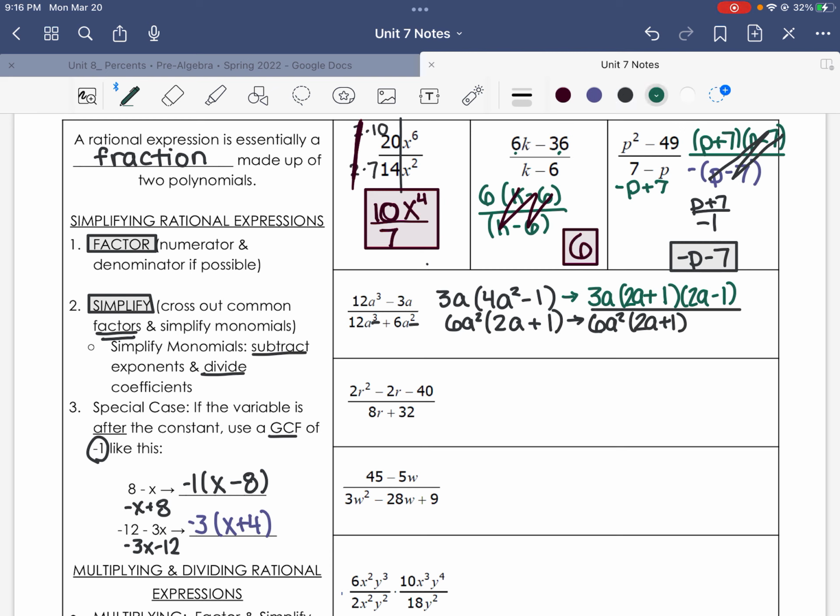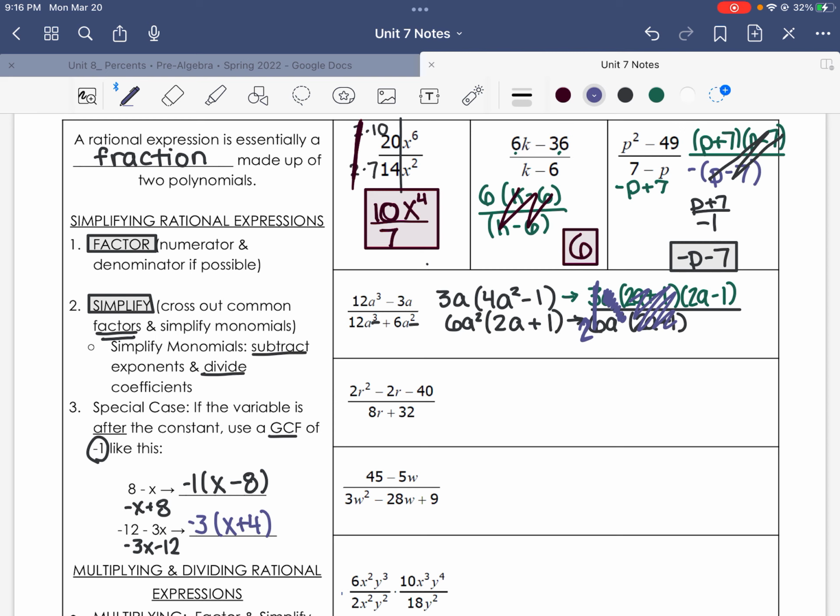What can I cross out that's on top and bottom? 2a plus 1. And the a on the top will cross out one of the a's from the squared. So it'll just be a on the bottom like that. And what's 6 divided by 3? 2. Just realize that 2 stays down here at the bottom since that's where the 6 was.